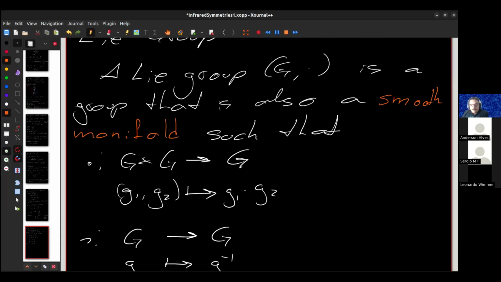For those of you who are not familiar with this term, the reason one of the participants raised this question is because there is also a notion of a topological manifold, which you can also call a continuous manifold, which is a manifold in which you can't really do calculus yet.